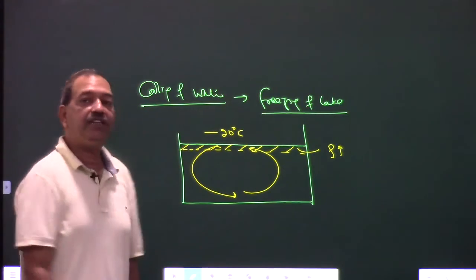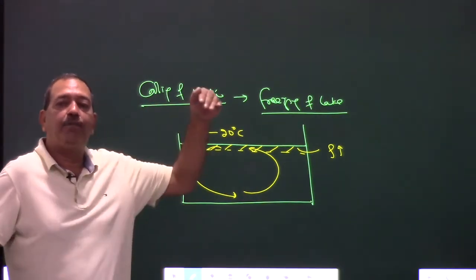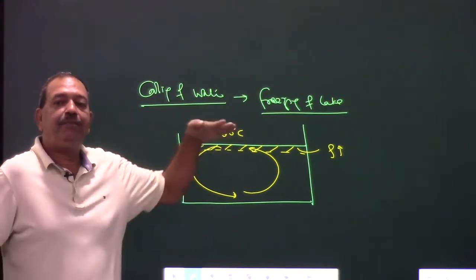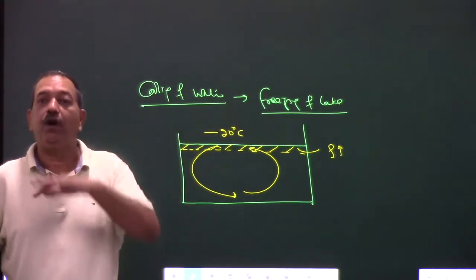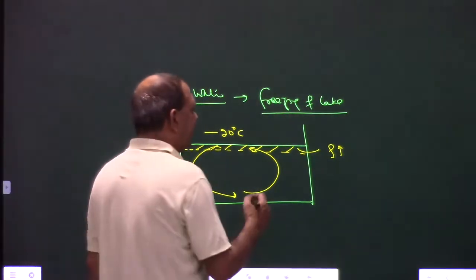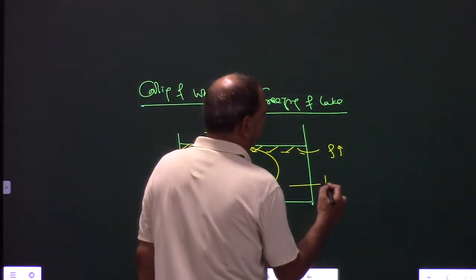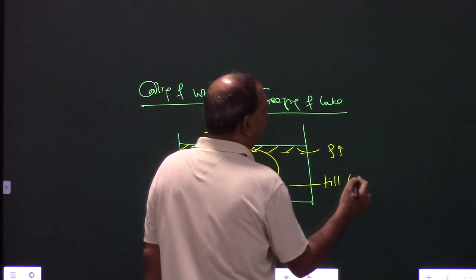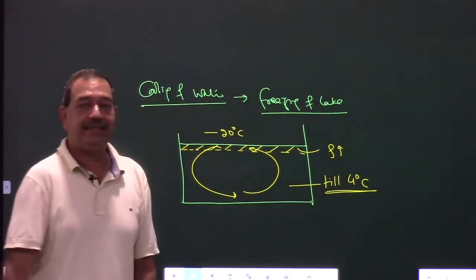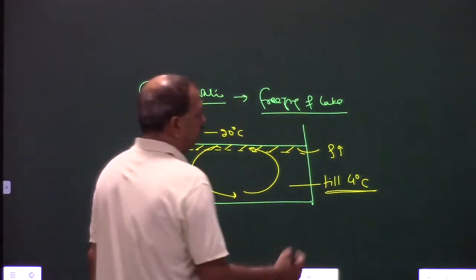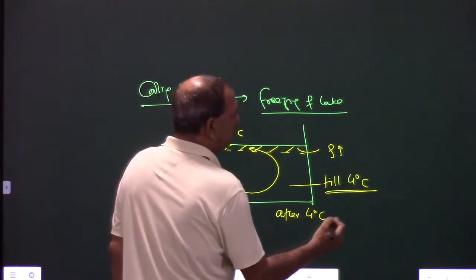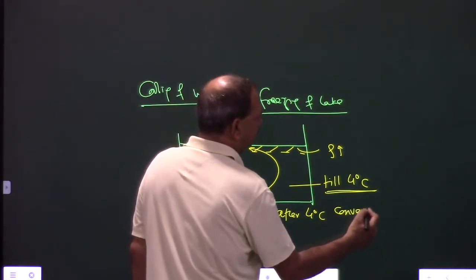So a convection current will develop from top to bottom, and accordingly gradually the temperature will start decreasing for the whole lake, till 4 degrees C. When the temperature is 4 degrees C, then after 4 degrees C, convection is stopped.